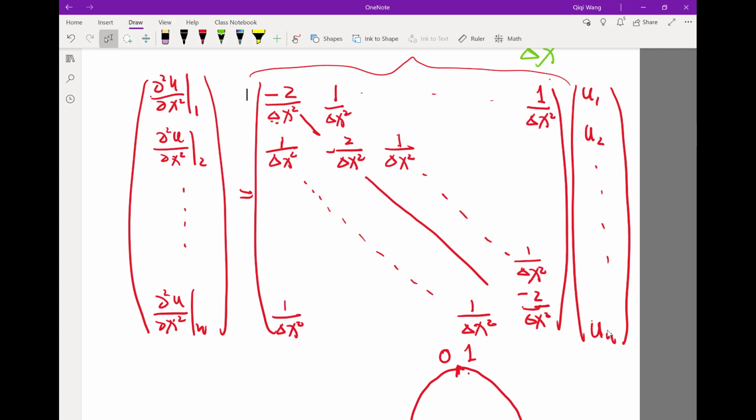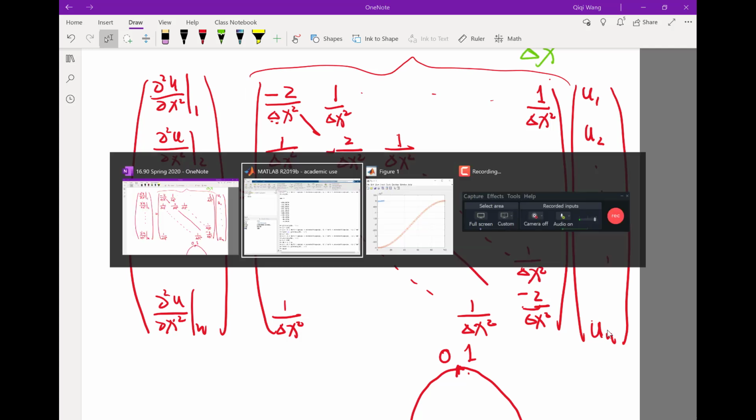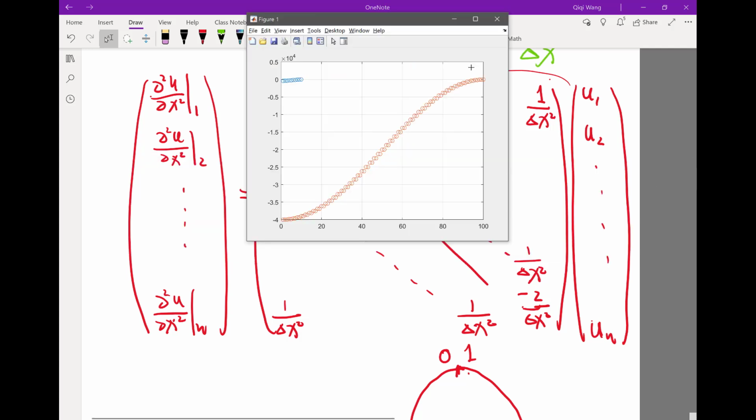Makes sense. If I plug in a solution of a constant, the second order derivative has to be all zeros. Okay, so we have one eigenvalue of 0, and the minimum eigenvalue, of course, is negative.